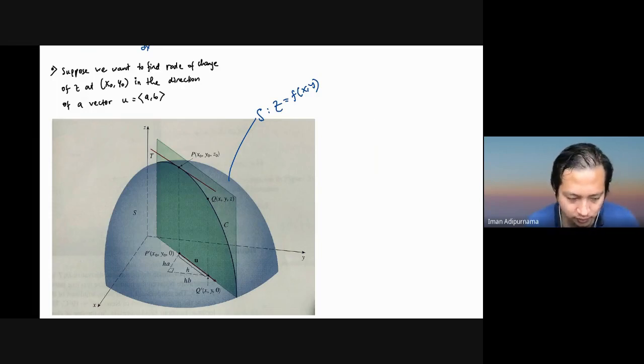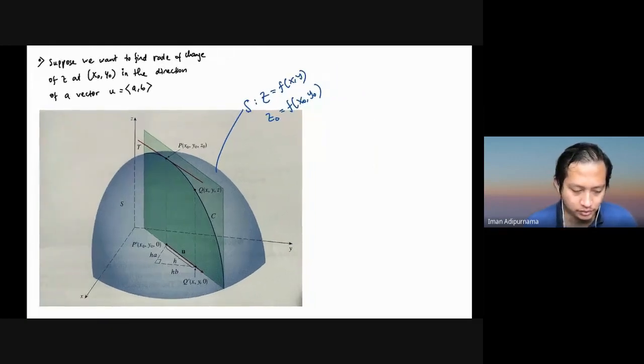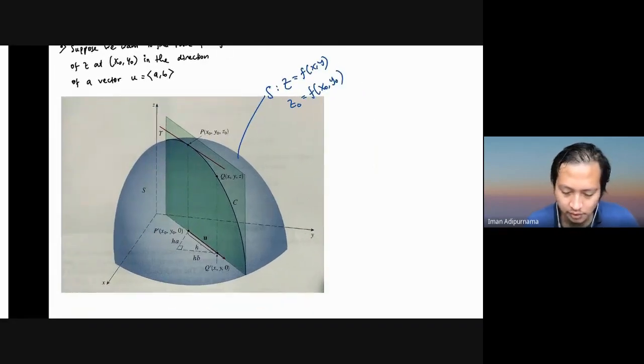And we let the z coordinate be in x0 and y0. And the point P is here.